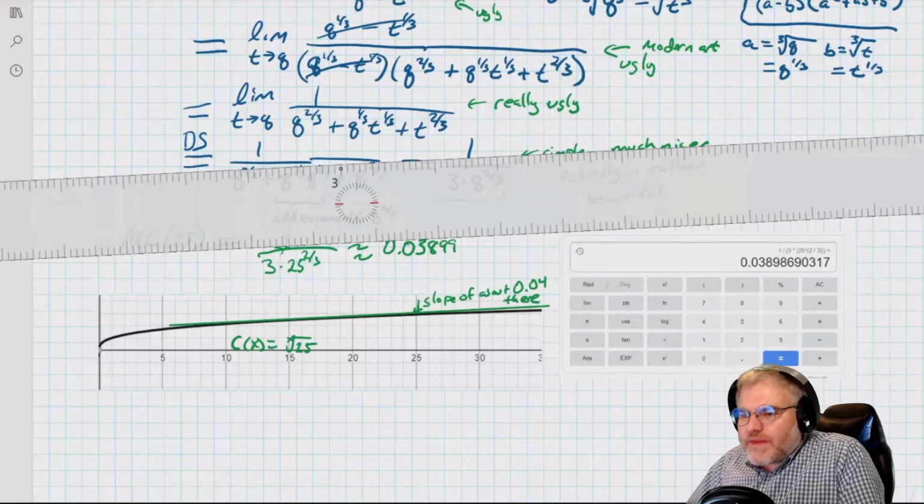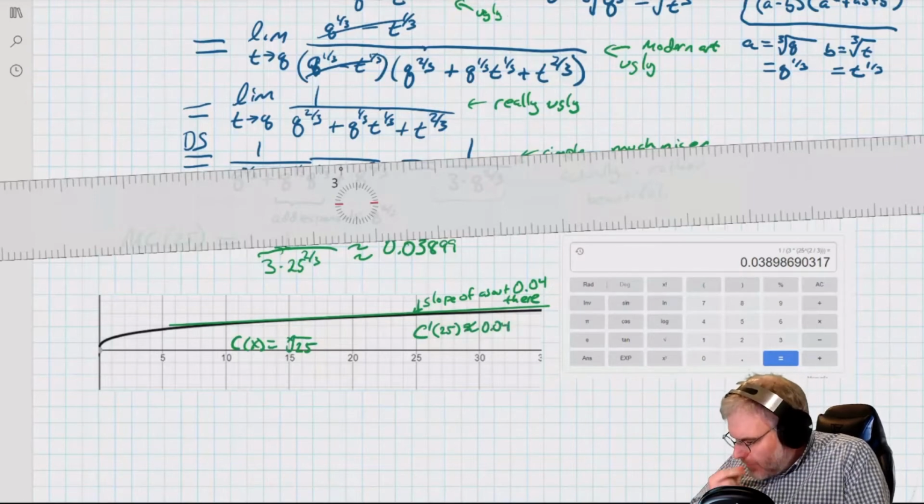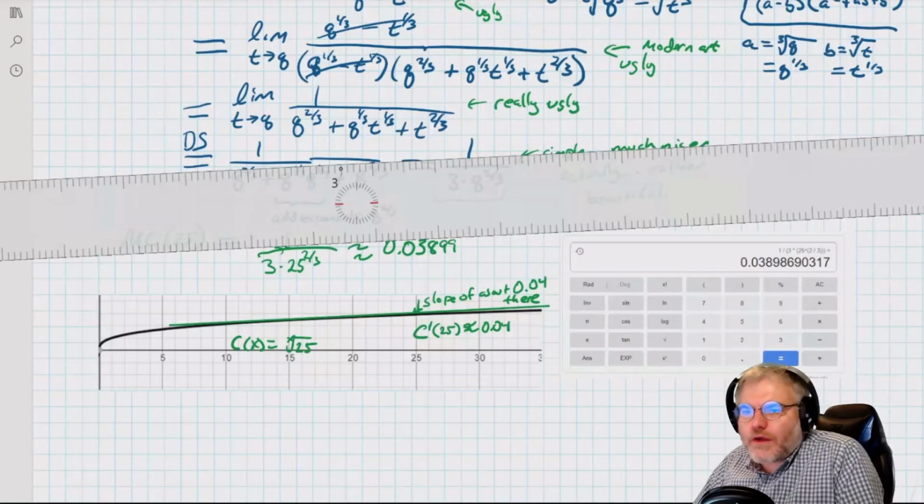And I wind up with this kind of idea, the C prime of 25 equaling about 0.04. But now I can also plug in this formula and get all the other marginal costs as well.